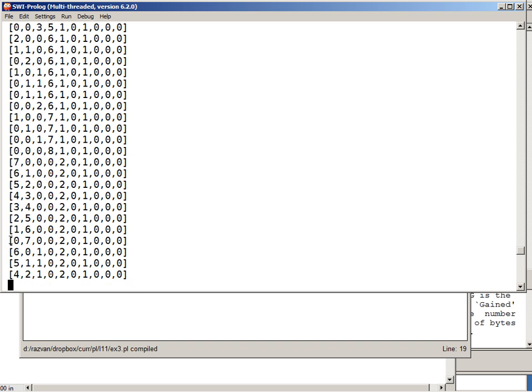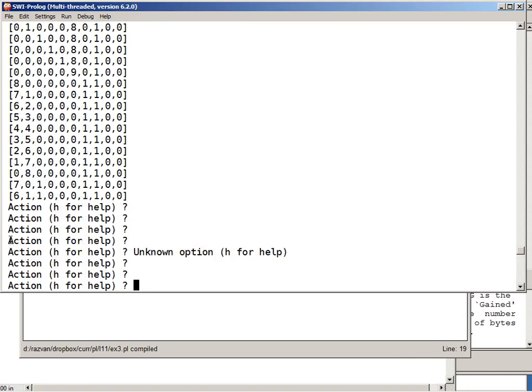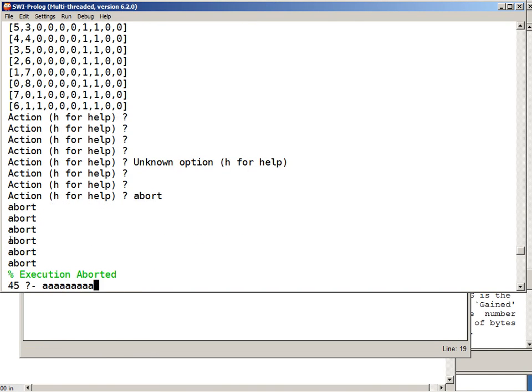Now, the thing is that it won't help with the full termination of the program, right? So if we want to check that the program has a unique solution, then we will have to go through the entire set of solutions. But otherwise, if we find the first solution, then it's fast. Then it's fine. Is this clear?